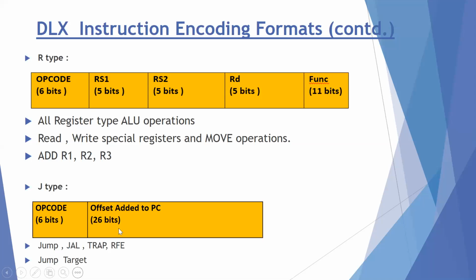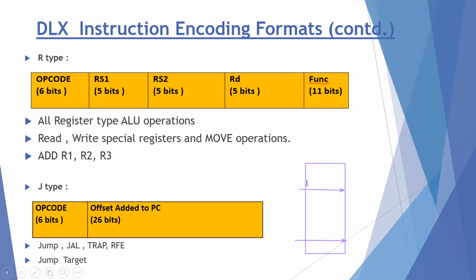Okay, good. Partially, this is correct. Suppose you are currently in a program and you want to jump to any other location in the program. Say you are here right now, and here you write a code of jump target, and the target is here.